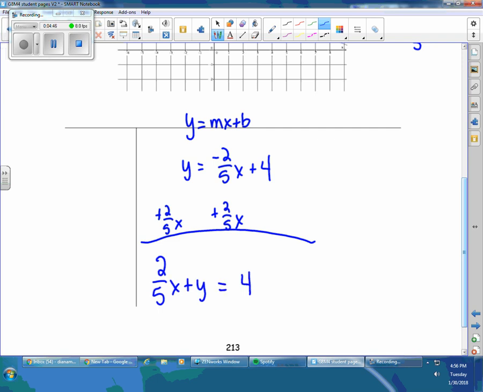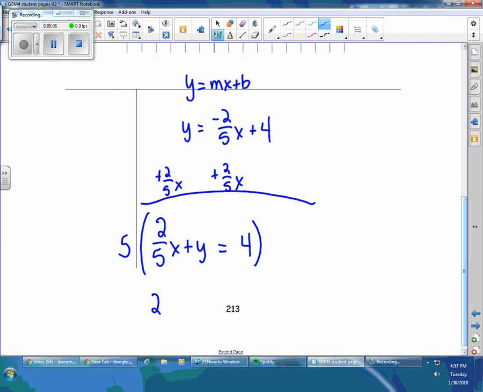Now, if I'm in standard form, I'm not supposed to have any fractions. So if I'm truly putting this into standard form, I would have to multiply the entire thing by 5 to get rid of that fraction. So 5 times 2/5 would be 2x plus 5y equals 20.